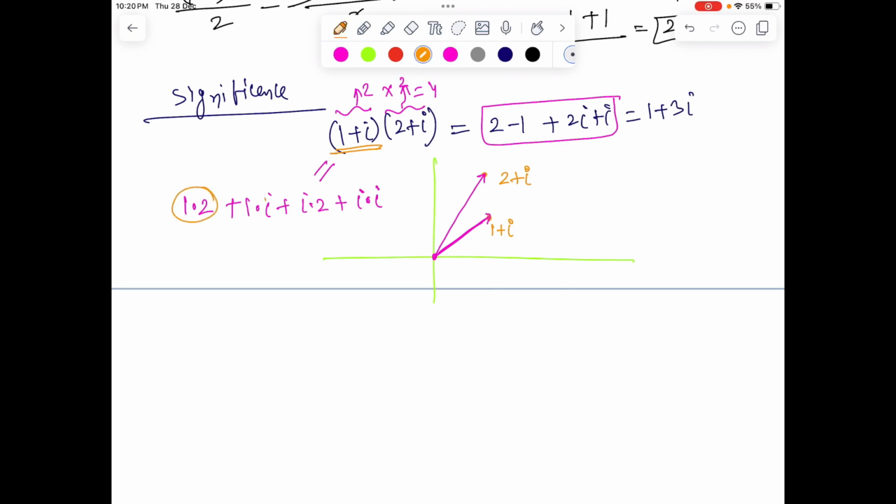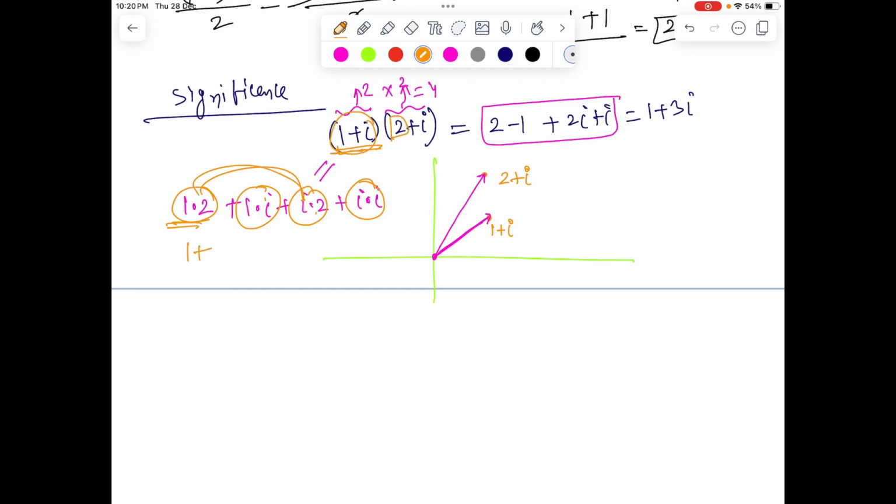Let's try to analyze all these terms geometrically. 1 into 2 is basically scaling it by twice, and i into 2 is scaling i by 2. So fundamentally what we are doing is multiplying 1 plus i twice, right?